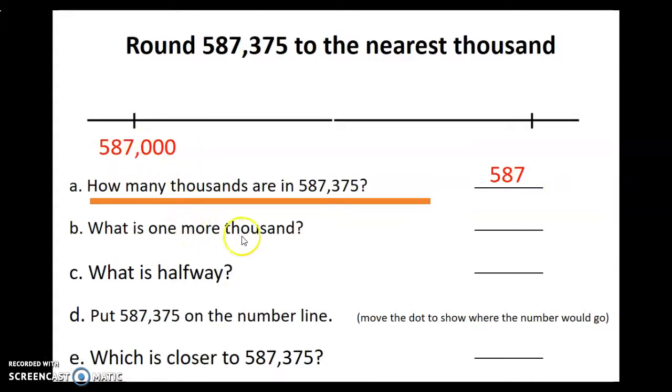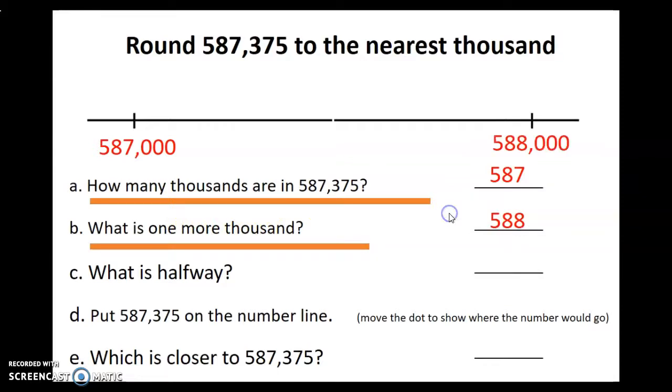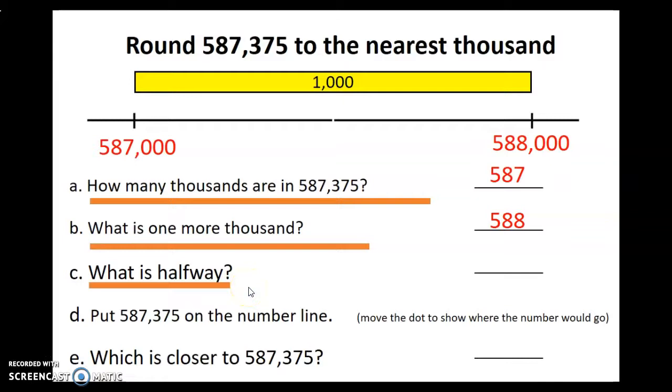So what is one more thousand than 587? 588. But on the number line, we write 588,000, its value. So now let's figure out what's halfway. Well, I have 587,000. I have 588,000. Here I just added one more thousand, so I know the distance between 587,000 and 588,000 is 1,000.